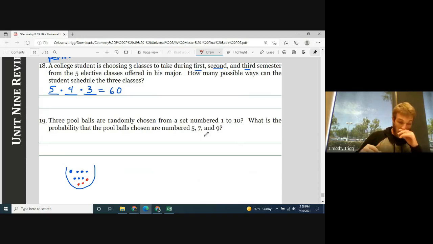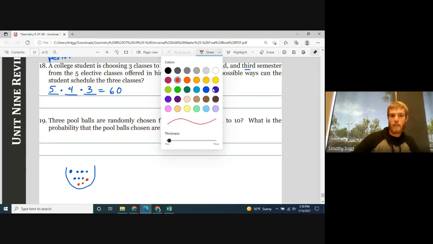Any way that you pull those out, as long as you pull out these 3 specifically, that's good. So it might as well say there are 10 balls, 3 of them are red, the rest are blue. What's the probability of getting all 3 of the reds when we pull out 3 balls? How do we calculate that probability?